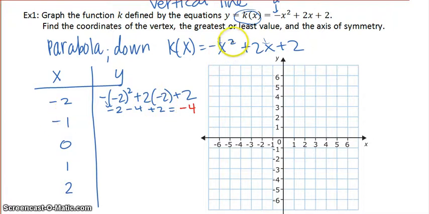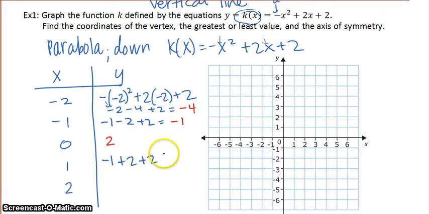So -1 squared is 1, but you have to make it negative, so we're going to have -1, and then 2 times -1 is -2 plus 2, so that's going to equal -1. 0, well, 0 squared is 0. 2 times 0 is 0 plus 2, so that's going to be 2. 1 squared is 1, make it a negative, so it's -1. 2 times 1 is 2, plus 2, so that's going to give me 3.